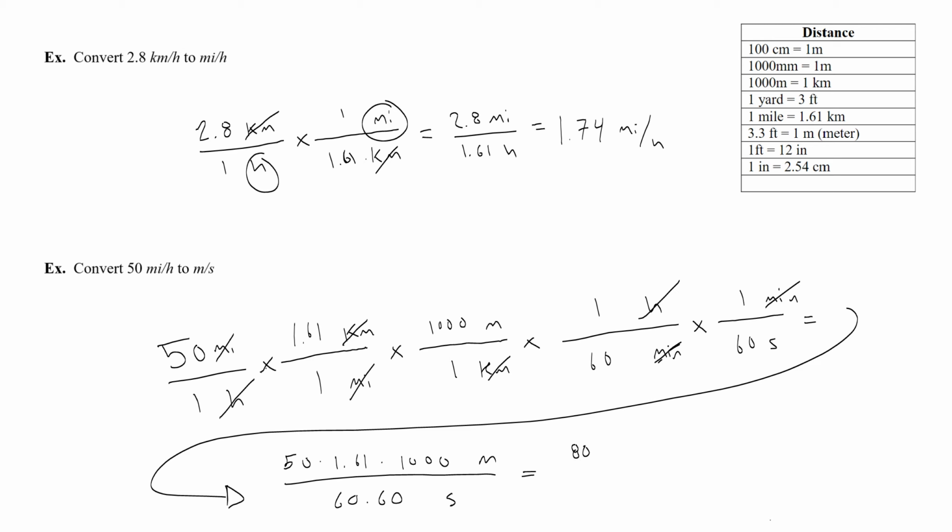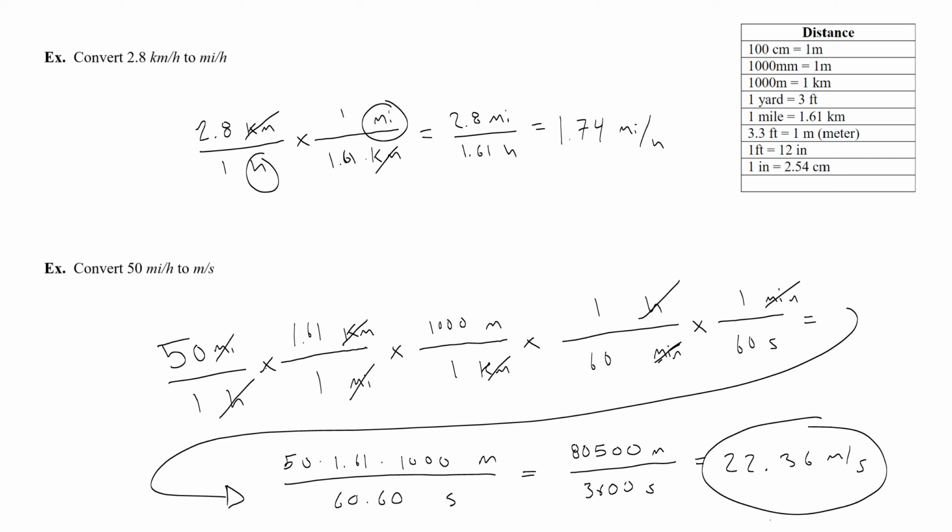So 80,500 meters over 60 times 60 is just 3,600 seconds. And so 80,500 divided by 3,600 seconds is going to give you 22.36 meters per second. So now I've converted 50 miles an hour to meters per second, 22.36.